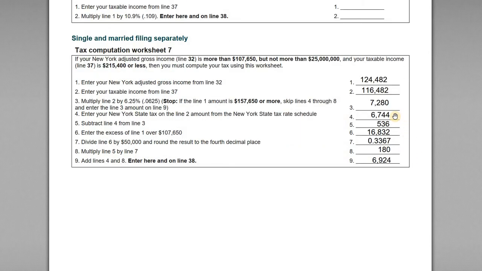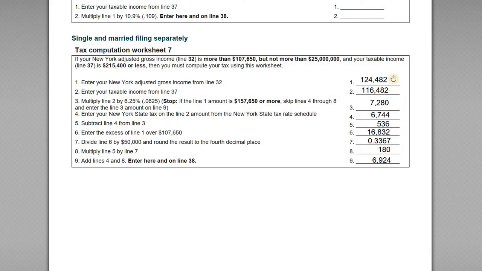So if I scroll back to the worksheet 7, enter on line 4 the 6,744, and then we just continue doing the math as asked in the worksheet, right? So line 5, it's asking us to subtract line 4 from 3, we get $536. Line 6, it's asking us to enter the excess of line 1 over 107,650.